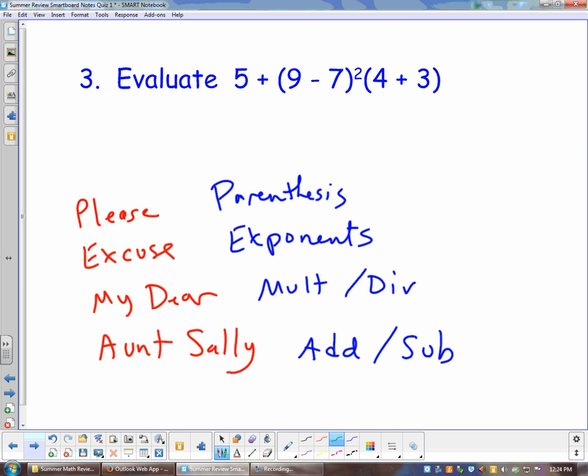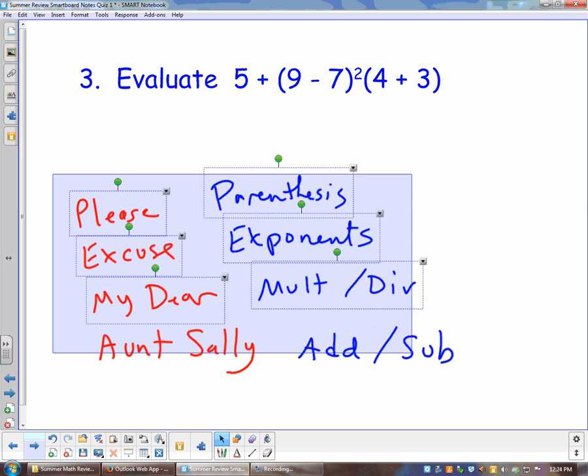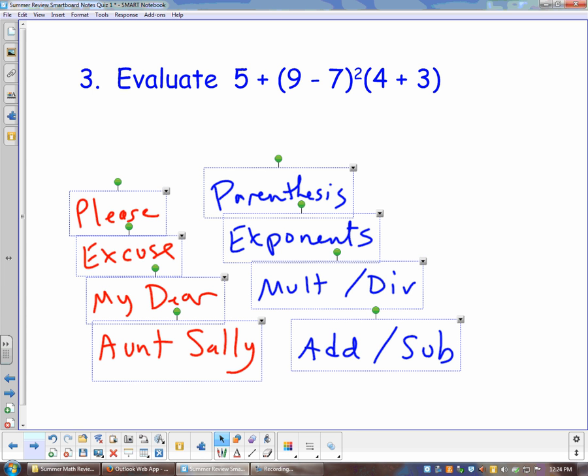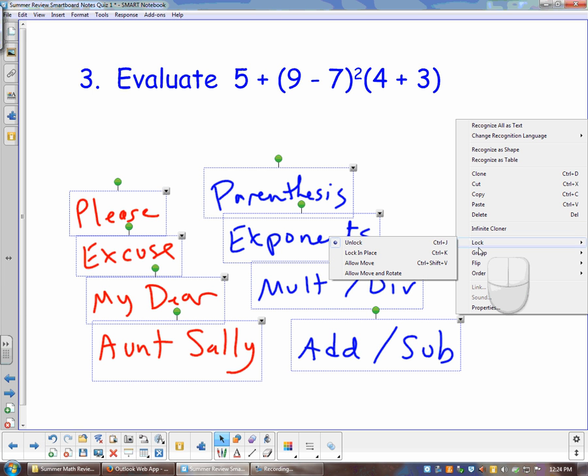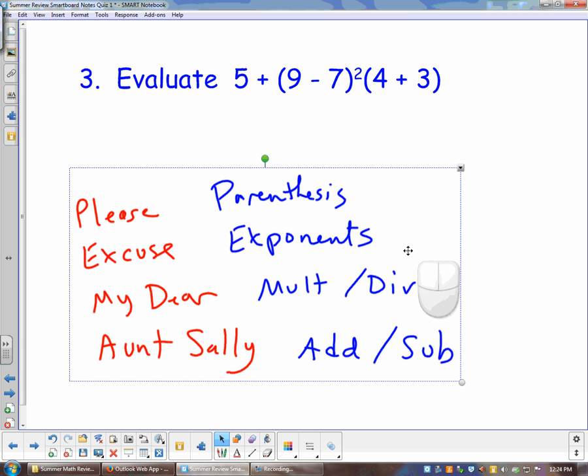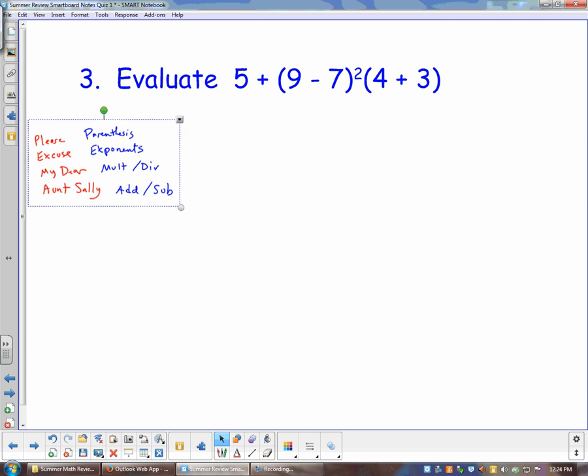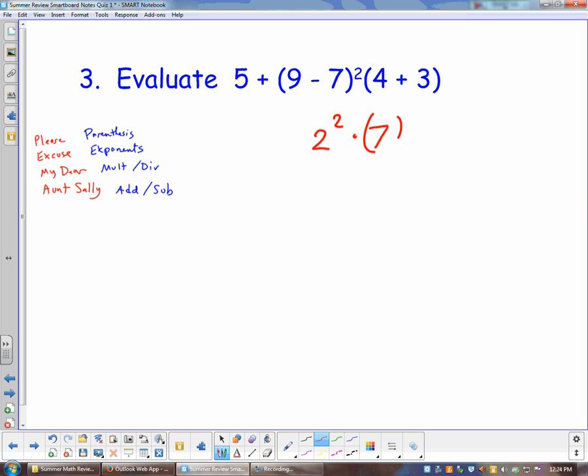So in this example, I'm going to handle the parentheses first. 9 minus 7 is 2, so I've got 2 squared, and then 4 plus 3 is 7, and I've got a 5 plus.